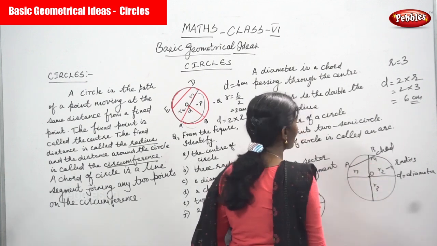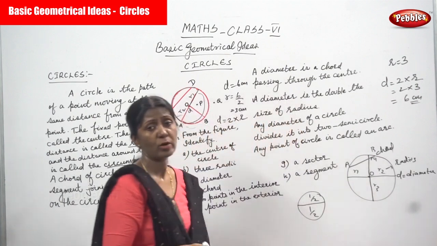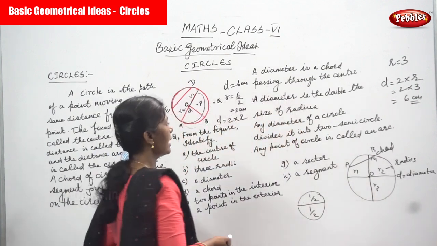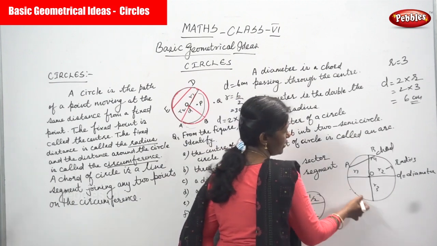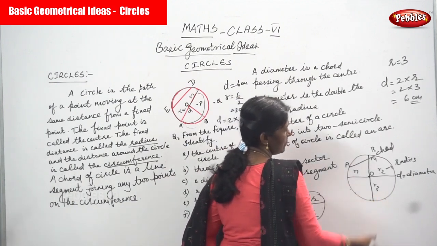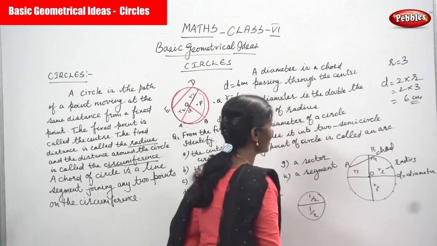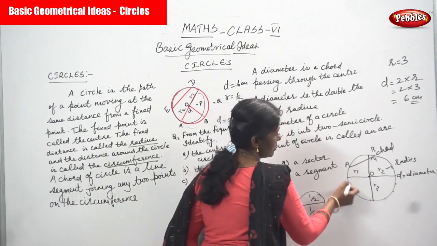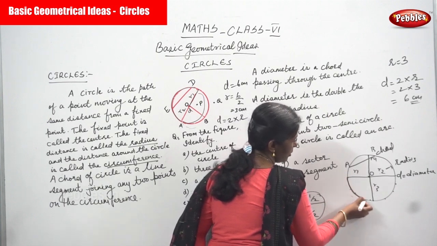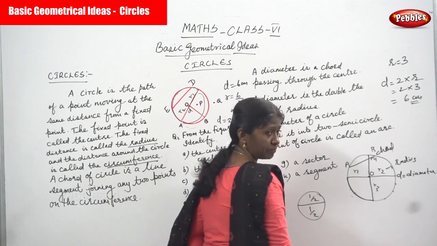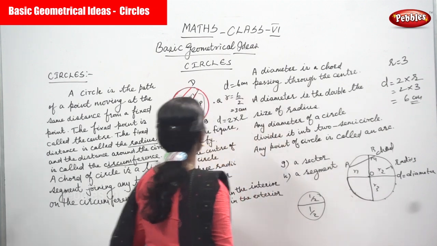Half circle, otherwise we can call a semicircle. Any point of a circle is called an arc. For example, this particular place is called an arc. Okay, so that is what I mentioned.